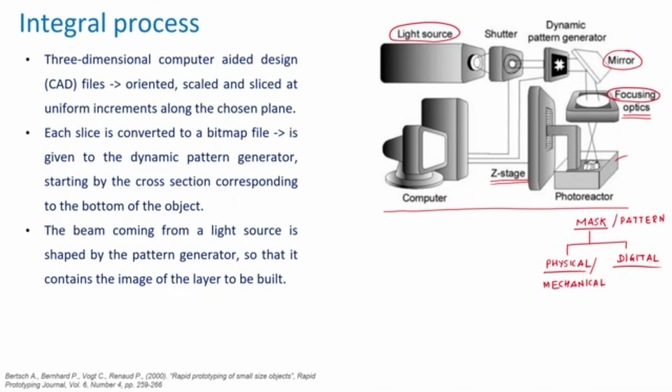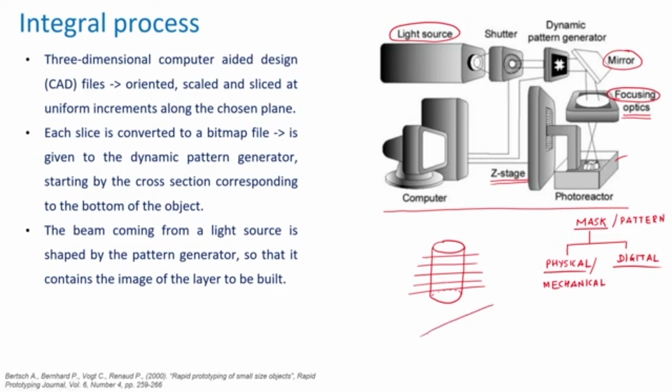The mechanical or physical masks are useful when there is a uniform cross section of the work part. Consider we have a cylinder to be 3D printed, and we slice this cylinder into a finite number of layers, and for every cross section we can have only one mask.